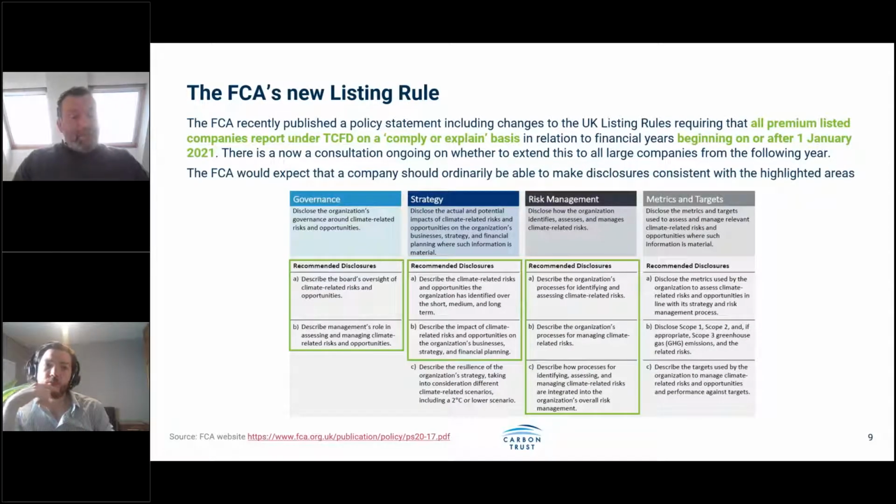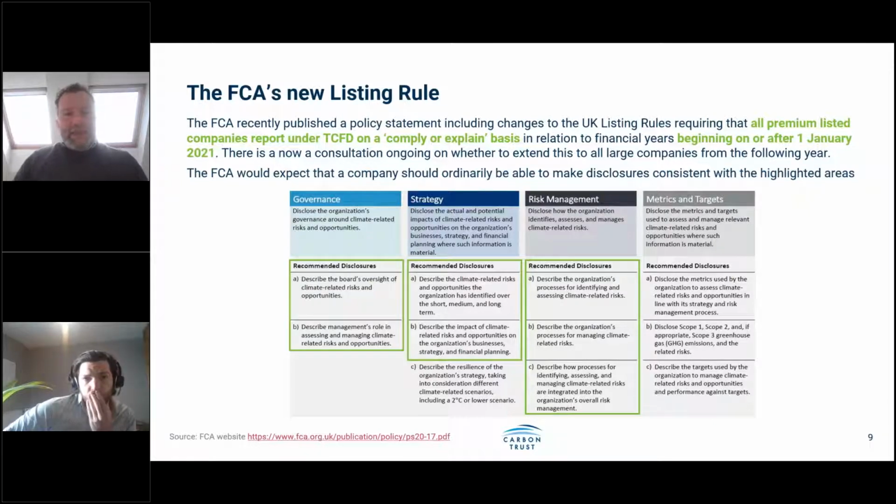So in very simplistic terms, TCFD is about getting the answers to these 11 questions. The 11 questions are categorized into 4 different areas of governance, strategy, risk management, and metrics and targets. Now, originally TCFD was voluntary.